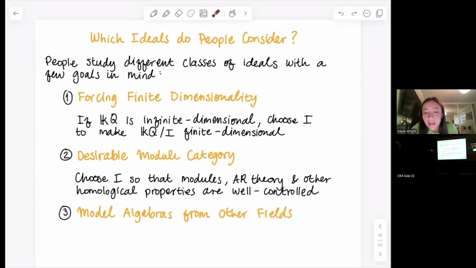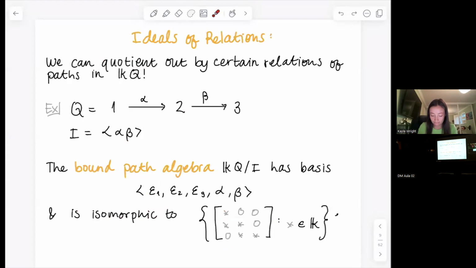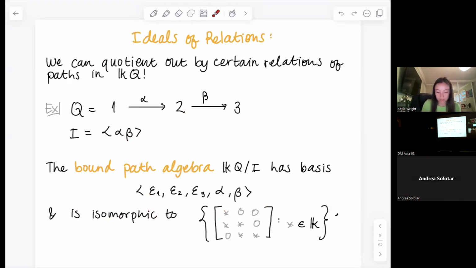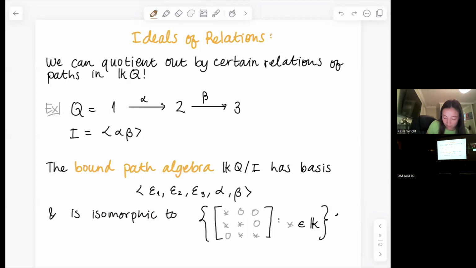Sorry, could you go back to this last isomorphism? This is only a vector space isomorphism, isn't it? Yes, as vector spaces. Thank you.